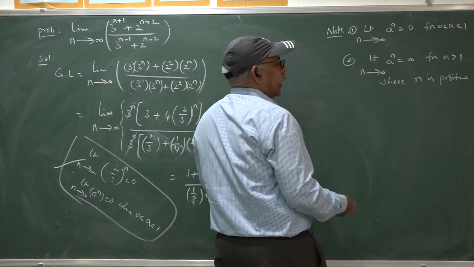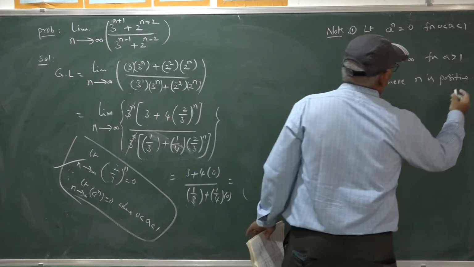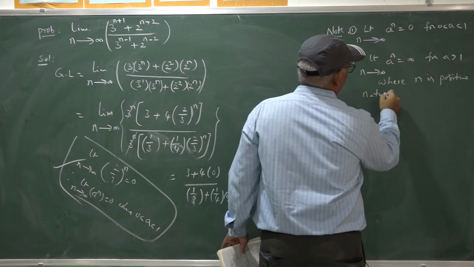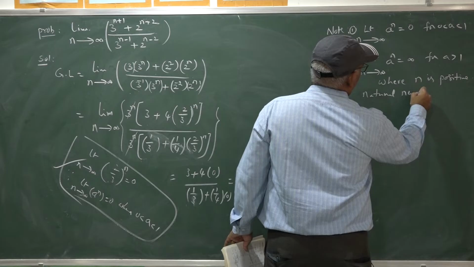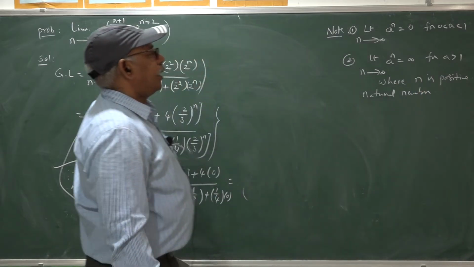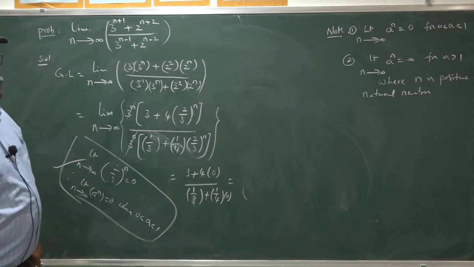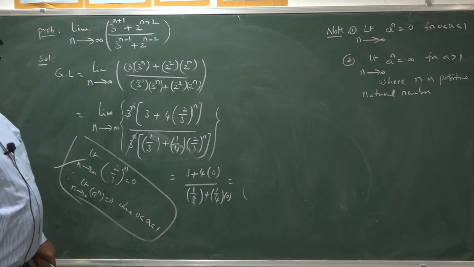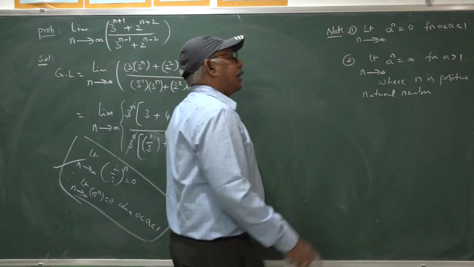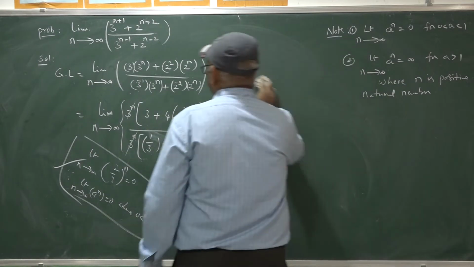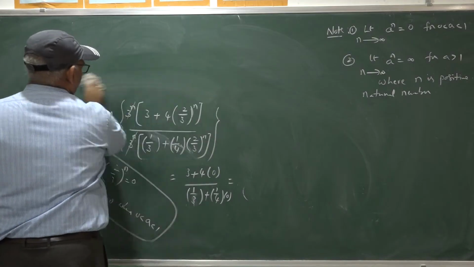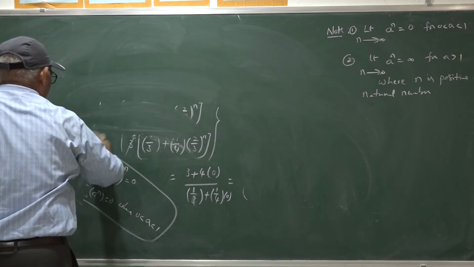Limit as n goes to infinity, a^n is always 0 once the base lies between 0 and 1. Once the base is more than 1, it takes infinity. This is an important approach here.